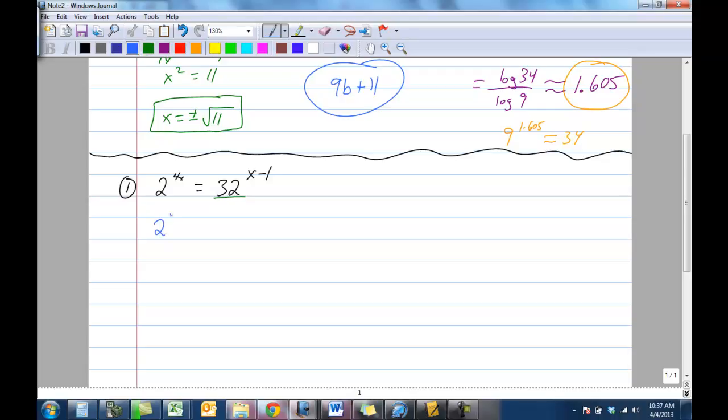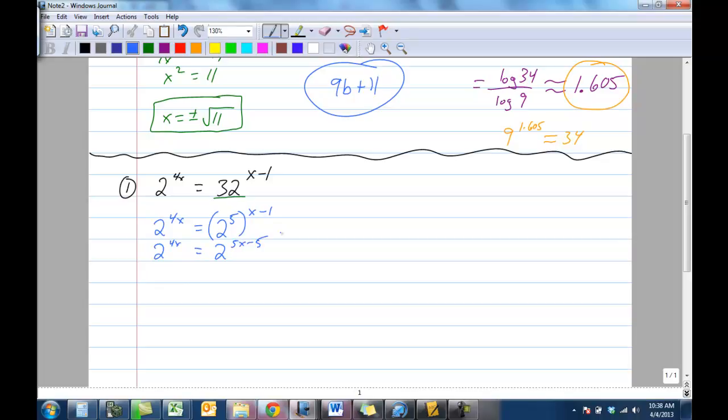Check this out. We could write this 2 to the 4x is equal to, 32 is the same thing as 2 to the 5th power, to the x minus 1. Which means that this whole mess now is 2 to the 4x equals 2 to the 5x minus 5.